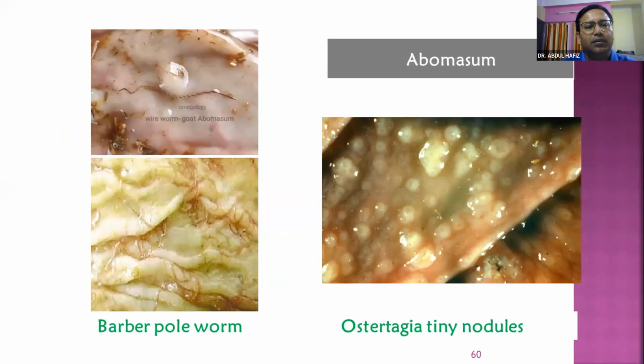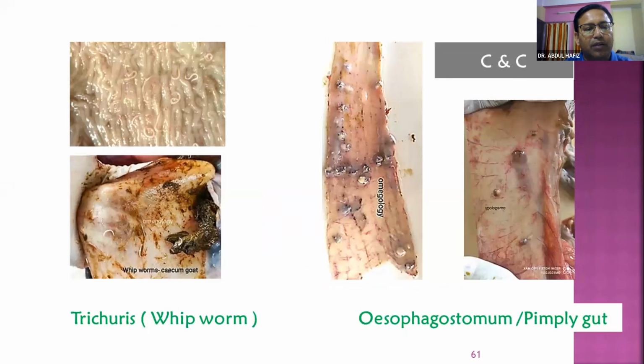See this abomasum from the first slide on the left side. This is Haemonchus, the barber's pole worm. It is very typical, and we can easily diagnose that these are Haemonchus parasites. This is Trichuris and Oesophagostomum.